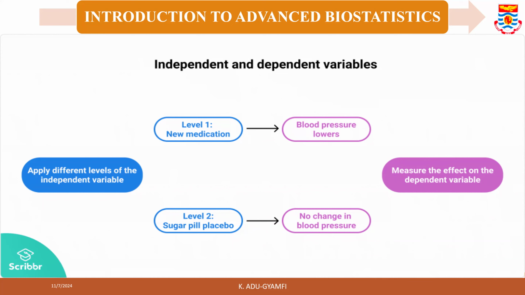So a researcher is interested to see whether a medication would have an influence on the blood pressure of some patient. So looking at these two, which of them do you think would be the independent variable and the dependent variable? Is it the medication or the blood pressure?